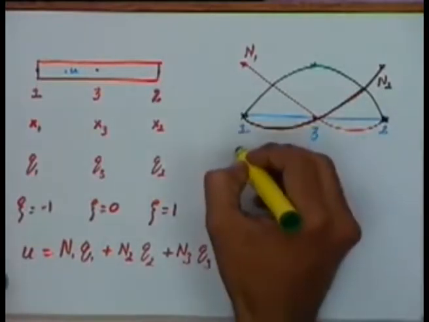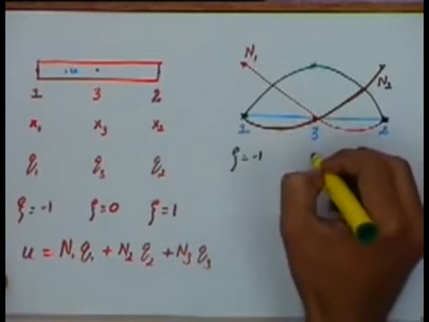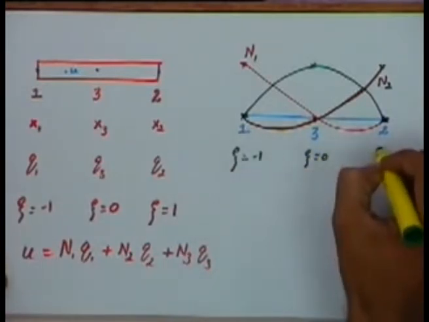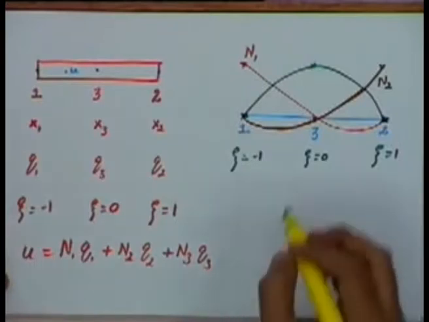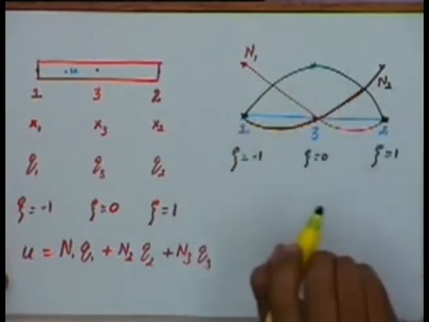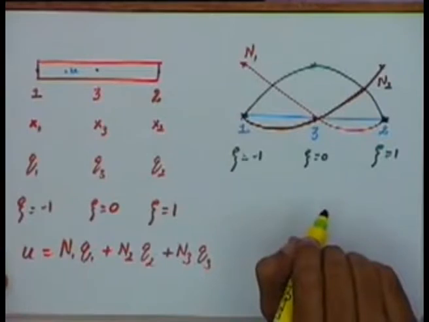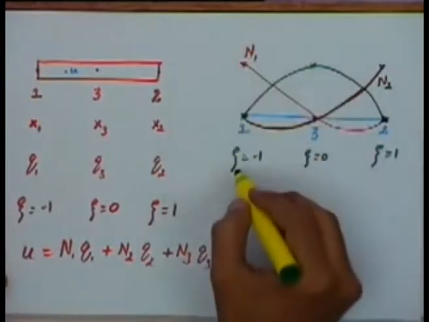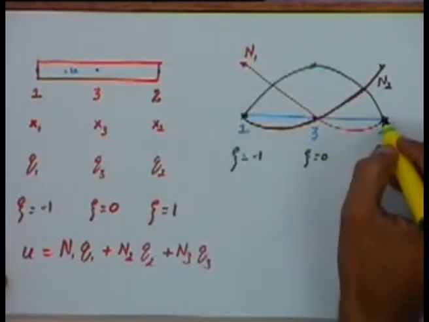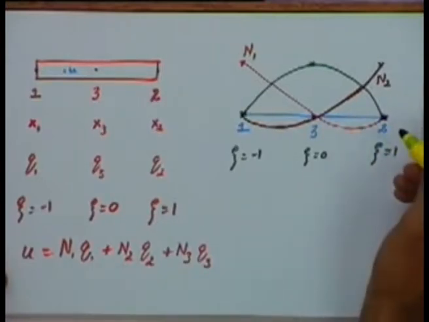Since at these points we have zeta equal to -1, zeta equal to 0 and zeta equal to 1, we will define n1, n2 and n3 in terms of zeta. Again, n1 is 1 at this point and 0 at both the other points, and it is a quadratic function.